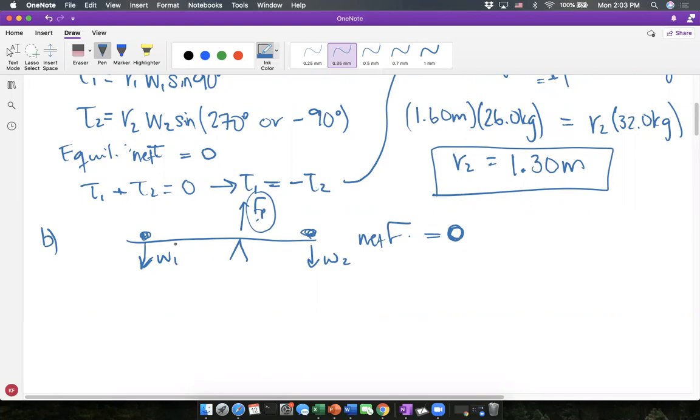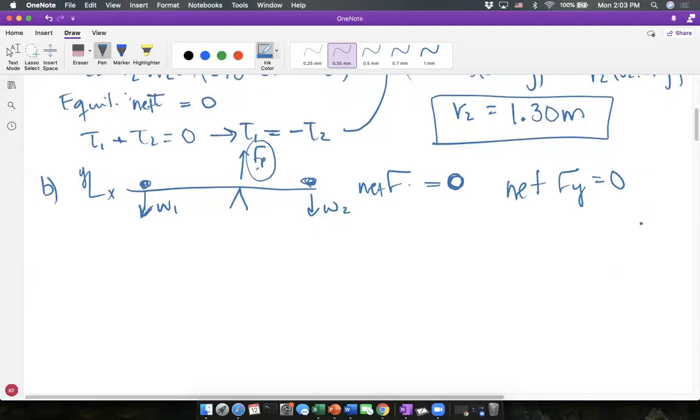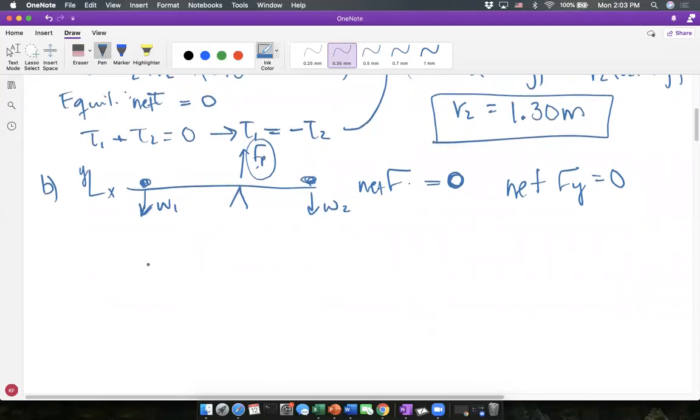Looking at this, we know that our forces are all in our y direction, so we can ignore our x direction. So it's really net force in the y direction equals 0. So let's go ahead and write this out. We're just using the same kind of stuff that we used to use looking at forces.